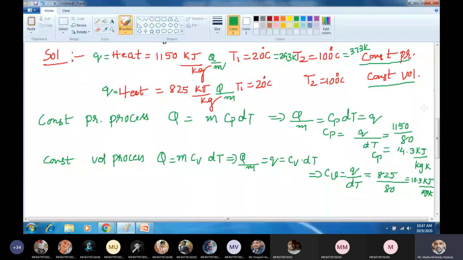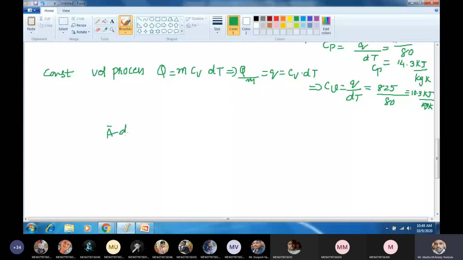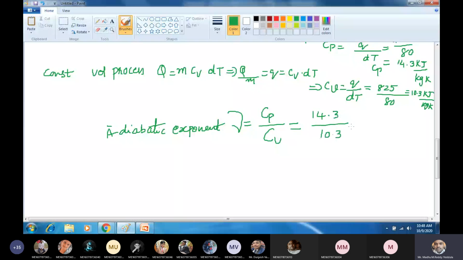We got the Cp value and the Cv value. Next, what is the third bit asking? Now, the adiabatic exponent gamma is the ratio of specific heat at constant pressure to specific heat at constant volume, that is equal to 14.3 by 10.3.